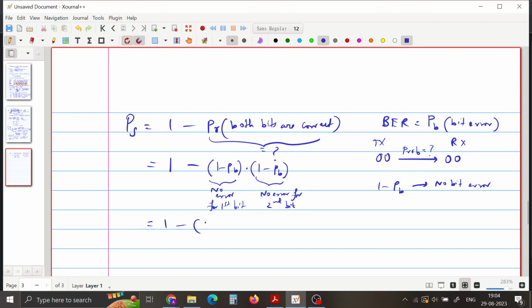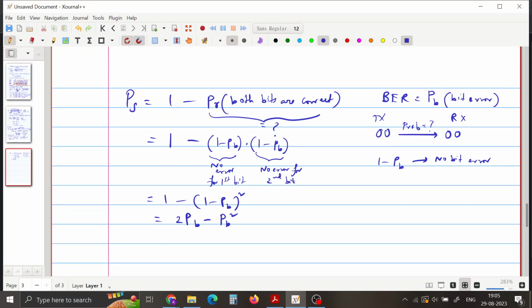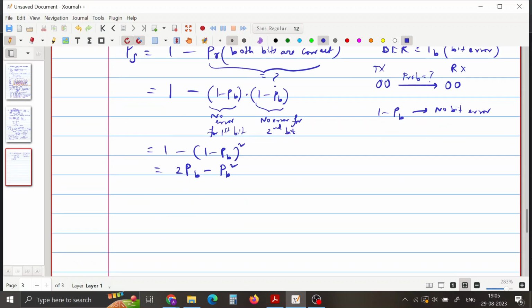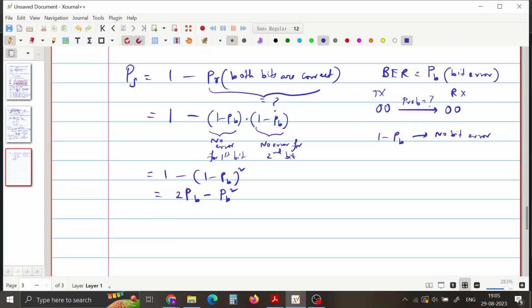So what is this effectively? 1 minus PB the whole squared. If you expand this, what do you get? 2PB minus PB squared. Correct? It's very basic probability.